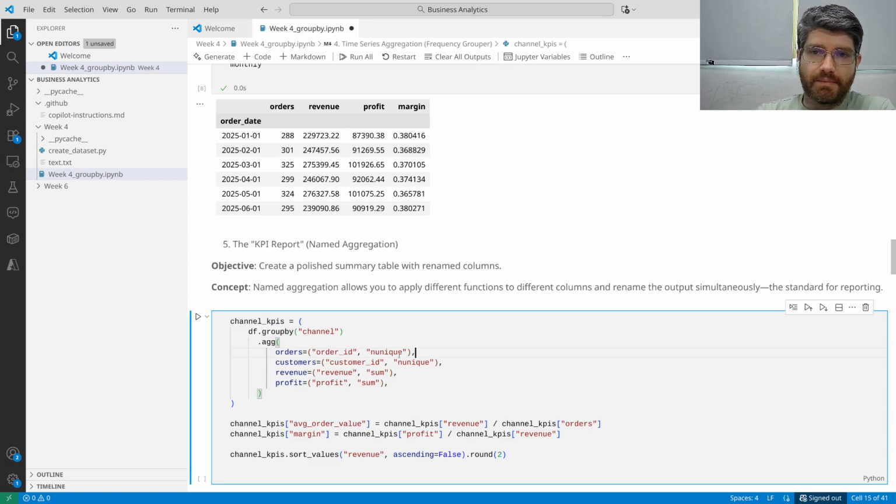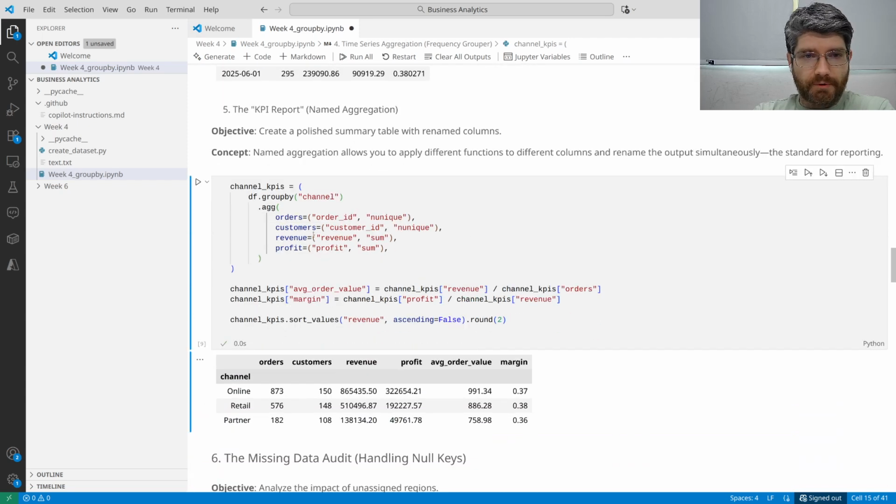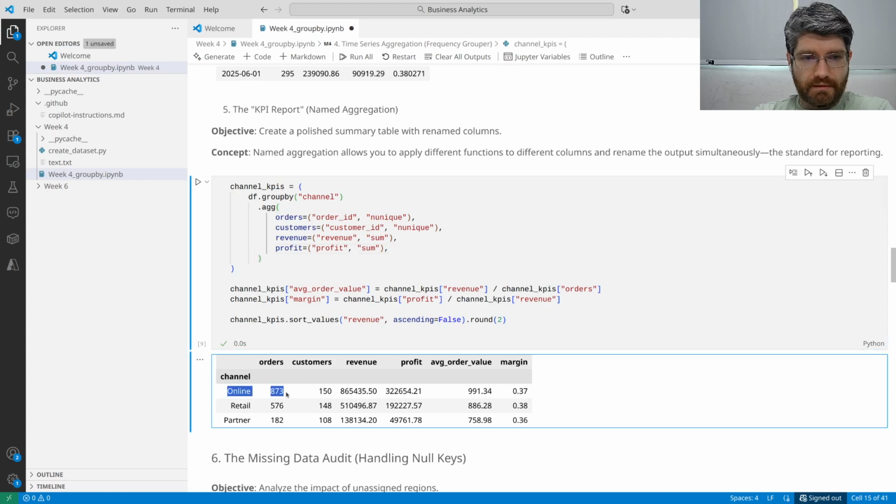So this table is your source of truth, where we group by channel and aggregate from orders up to profit. We can see that online has the maximum number of orders, and the revenue generated is the top one, as is the profit. But retail often delivers the highest margin.